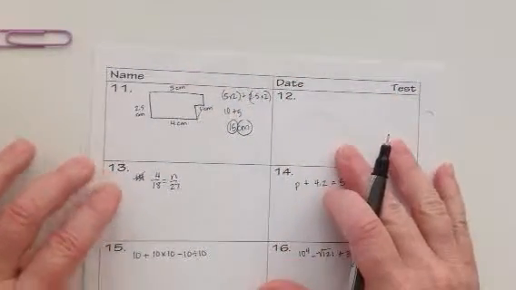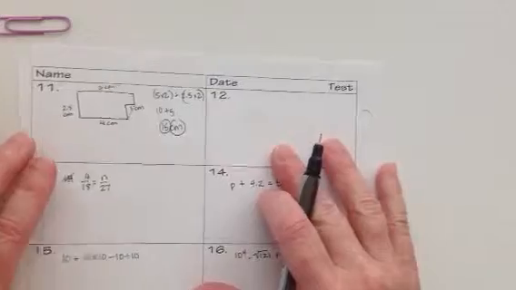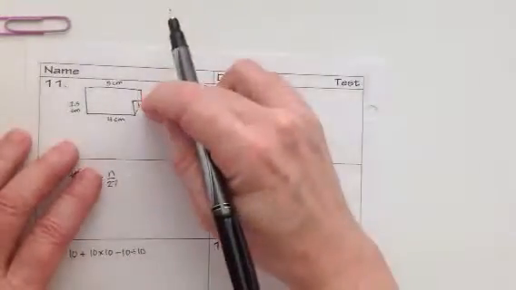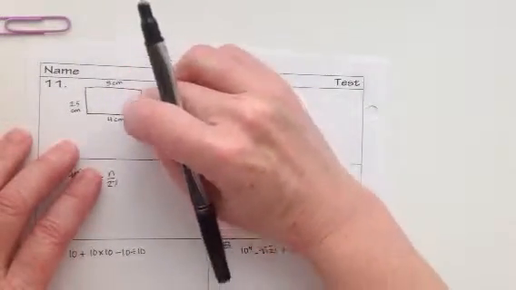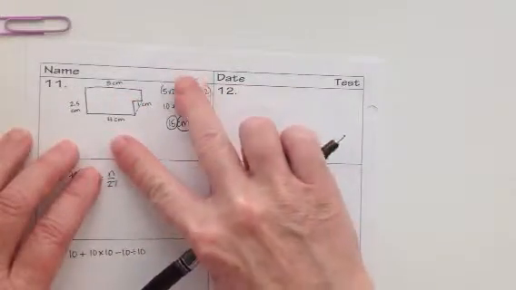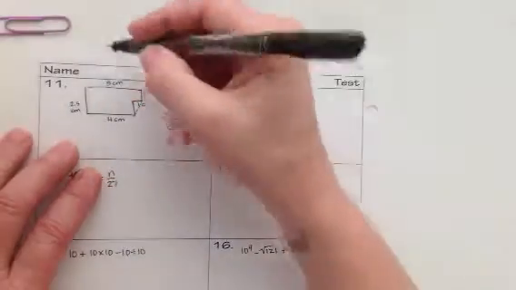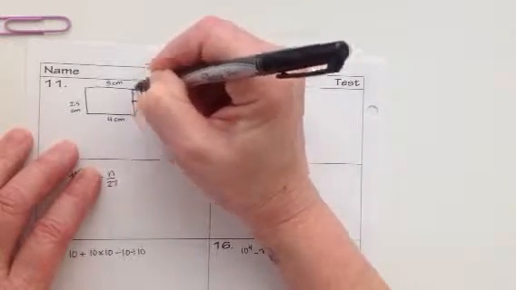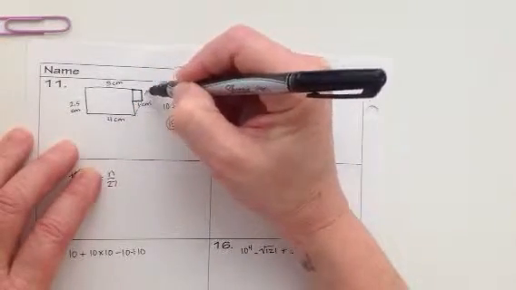Now, number 12 uses the same drawing, and it wants to know the area. Well, I can't pretend it's folded now, because now I have to pretend I actually cut that out. So I'm going to make two easier shapes to figure out the area. One, I'm going to draw a line right like this, and even though my drawing is not in proportion, we know that that's 1 by 1.